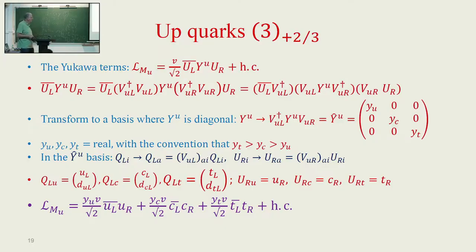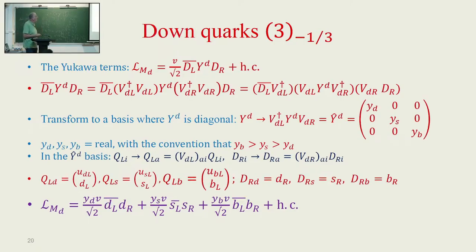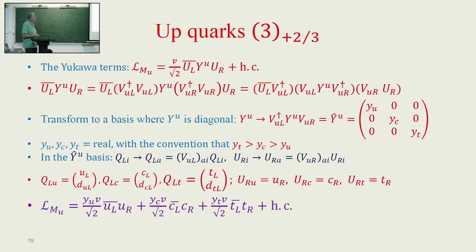With this notation, we have YU, this entry, times U left bar U right, YC over square root of 2, C left bar C right, and this combination times T left bar T right. So we got three massive quarks, all of them triplets of SU3 and carrying electromagnetic charge plus 2/3.